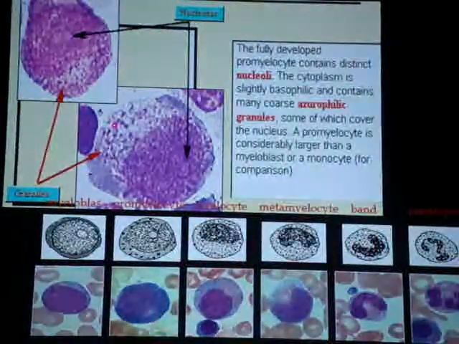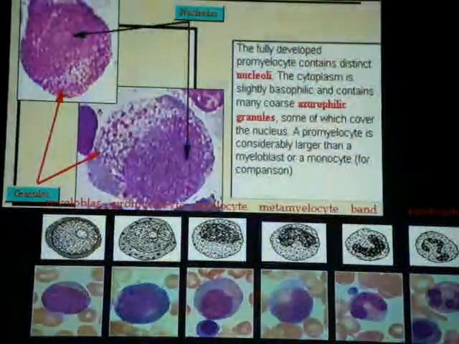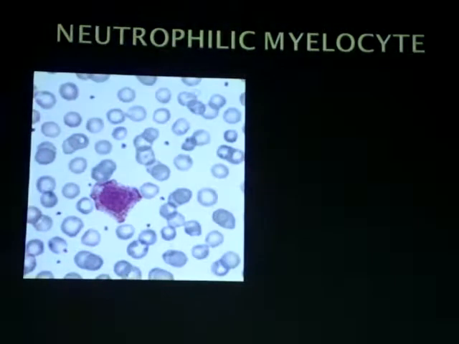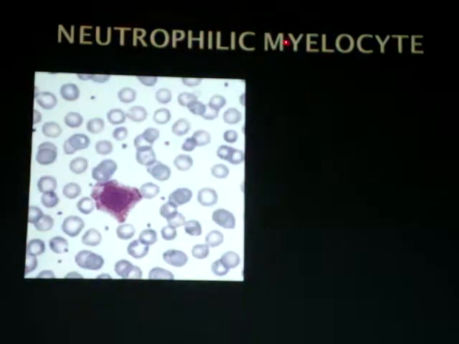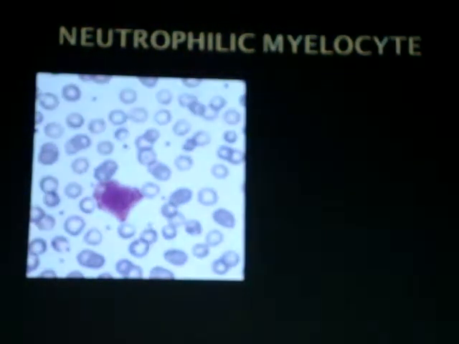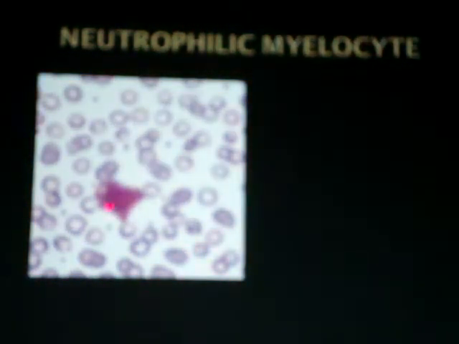Those are the azurophilic granules in a promyelocyte. Next cell in the series. At this stage of development, we can already identify the precursors for the neutrophils, eosinophils, and basophils, because specific granules will appear in their cytoplasm. Aside from the blue or violet-colored azurophilic granules, there will be the appearance already of the pink-colored specific granules.